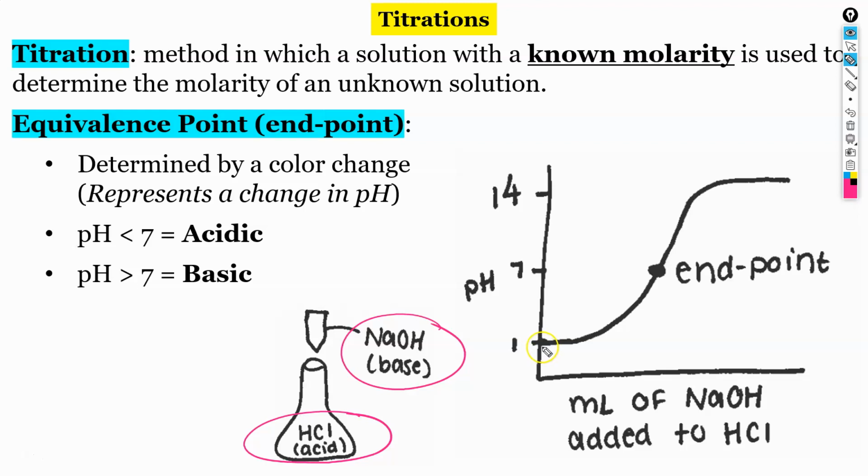As we add a base to an acid, remember, things that are basic have a pH greater than 7, our pH begins to increase, and when we reach a pH of 7, we reach the equivalence point, so that acid is essentially neutralized in this case.